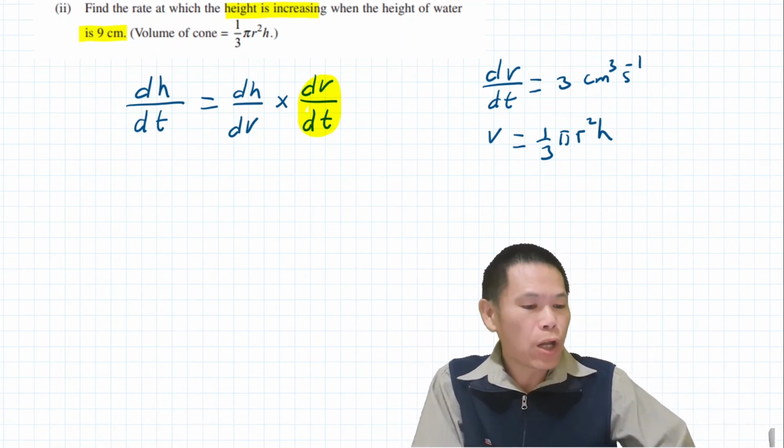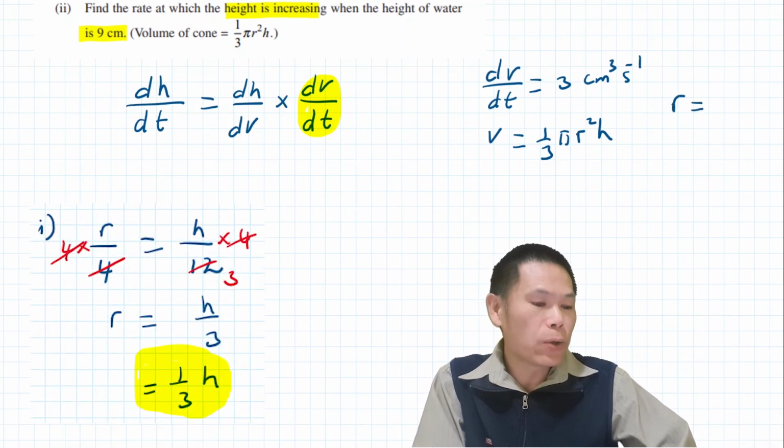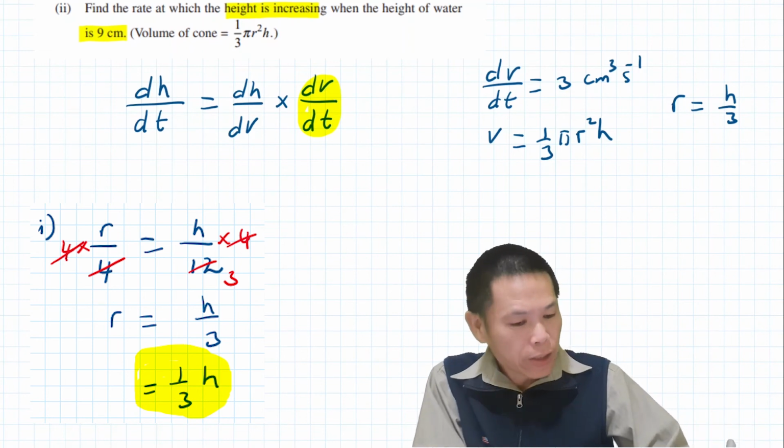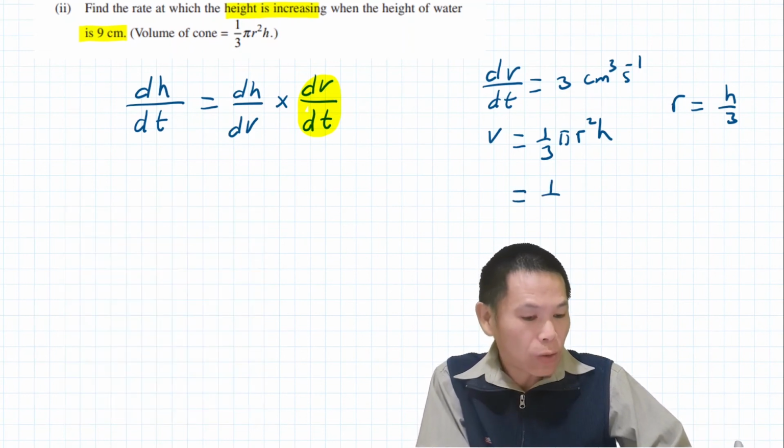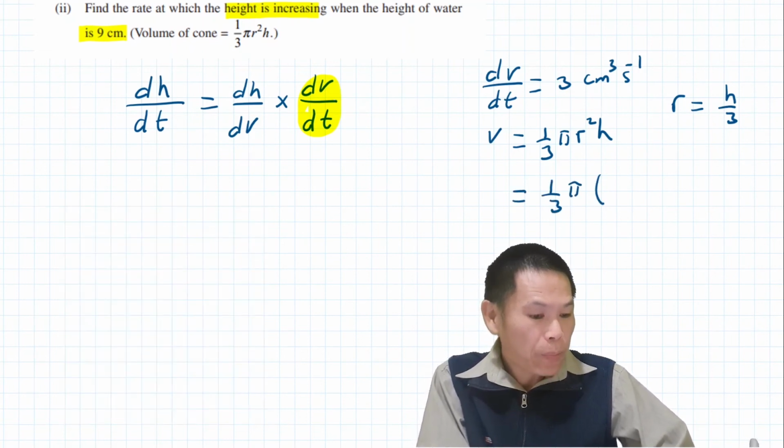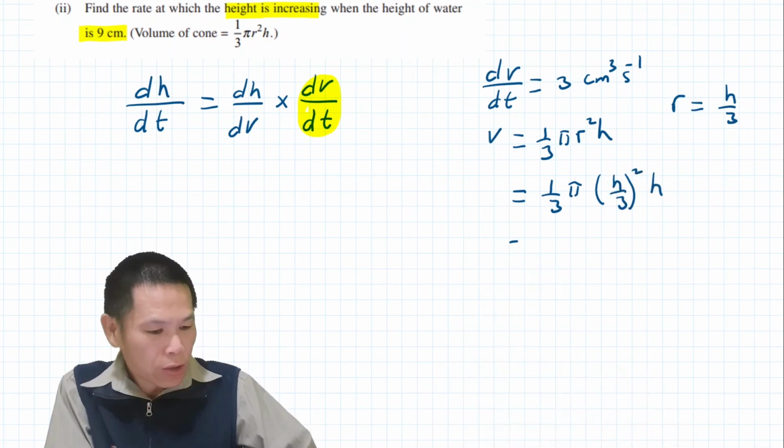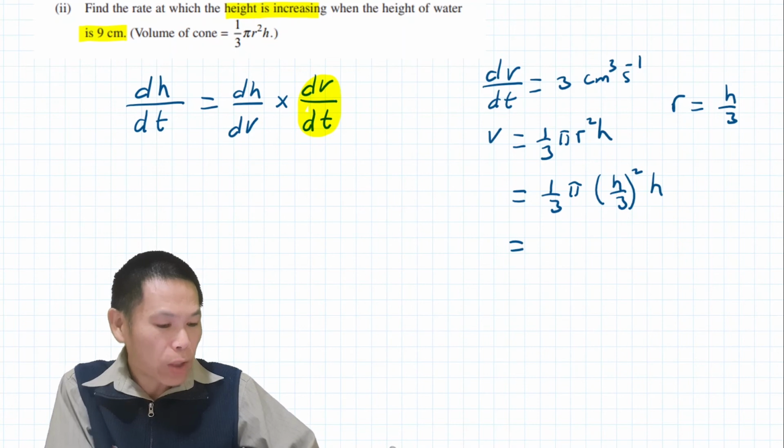We know that the radius is h over 3, or a third of h. So now we substitute that in: 1/3 π, then (h over 3) squared times h. 1 over 3 squared is 1 over 9, and times 3 gives me 27. So πh³ over 27.